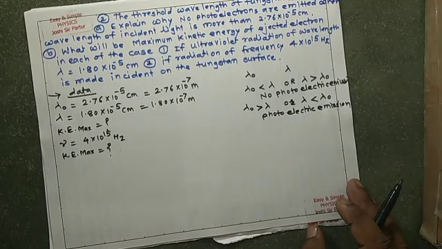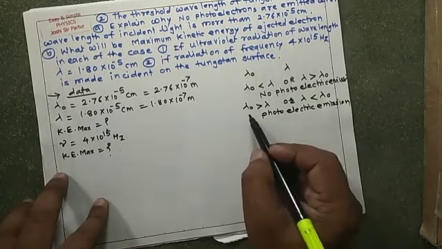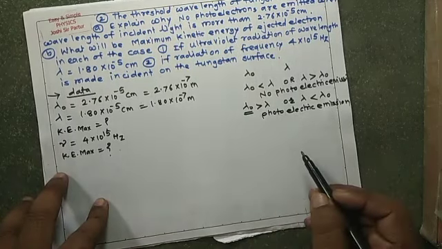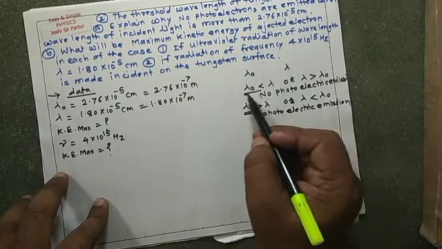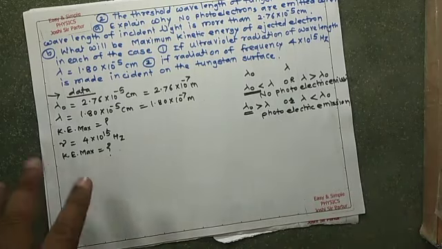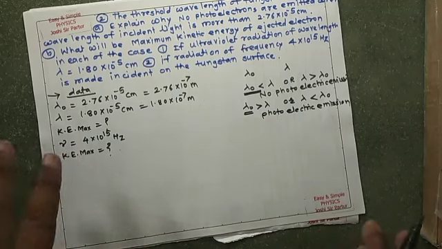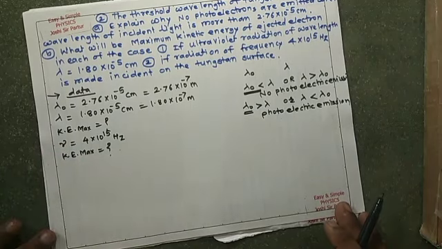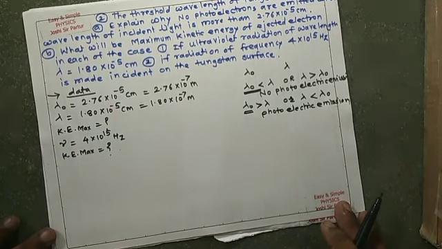Below this wavelength photoelectric emission will be there. Means if lambda is less than lambda 0, then there will be photoelectric emission. But if lambda is greater than lambda 0, then no photoelectric emission is there. That is the explanation for the first question.